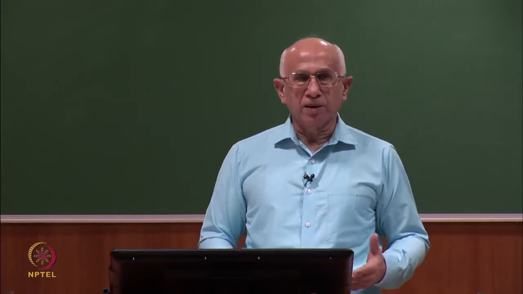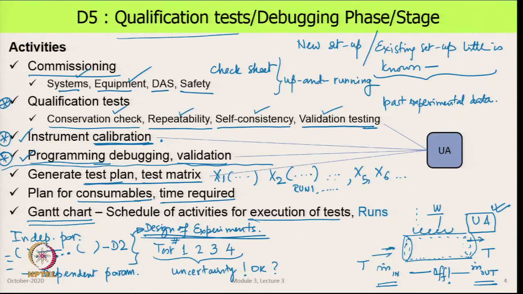So, these are the main things that happen during the qualification testing phase, or we call it the debugging phase. And as you can see, there are a lot of very important things being done in this phase. And how thorough we are in stage D5 here will in a way determine how good the quality of our experimental data is, how good an experimenter we are. That is the point.